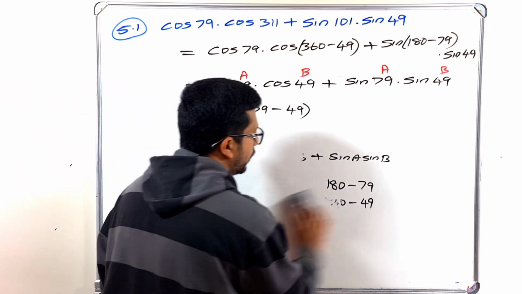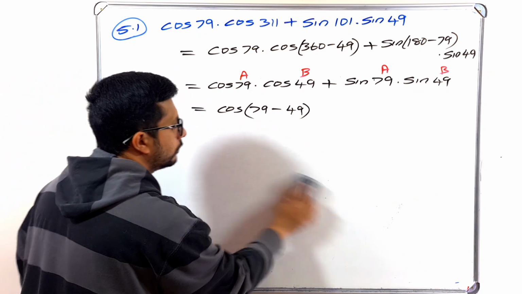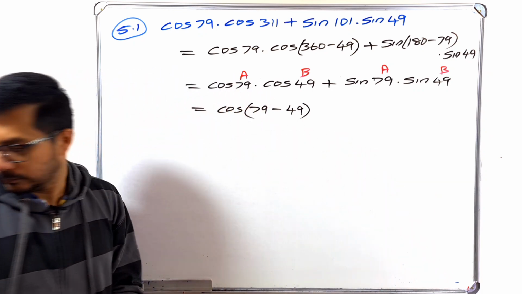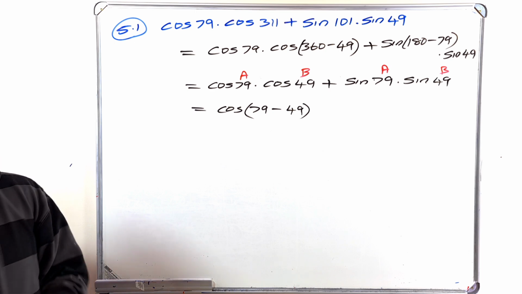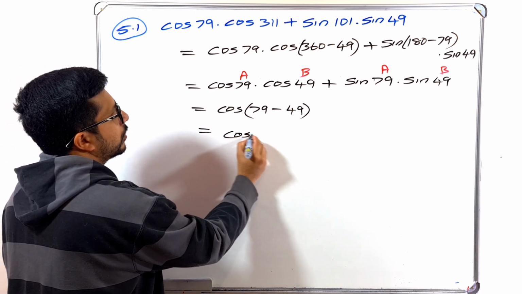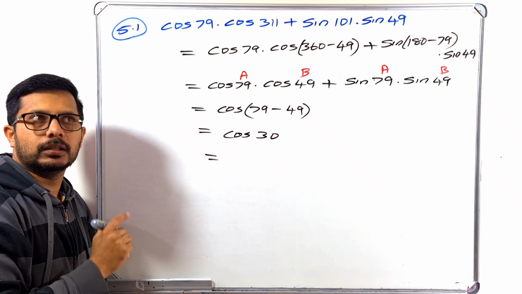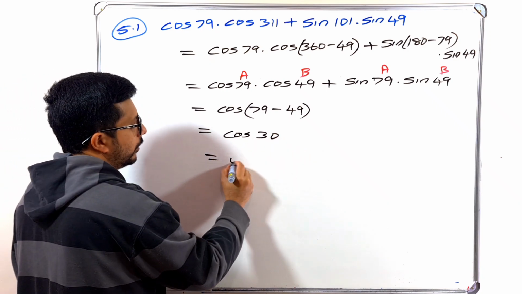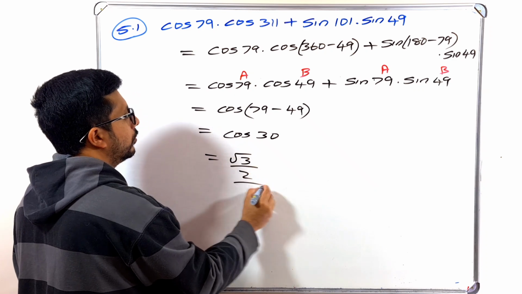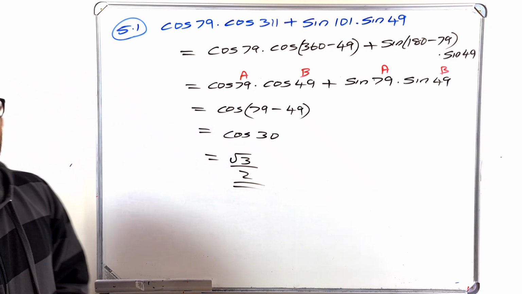So that one is cos 30. What is the answer of cos 30? Cos 30 is root 3 by 2. So the answer is root 3 by 2. So that is question number 5.1.